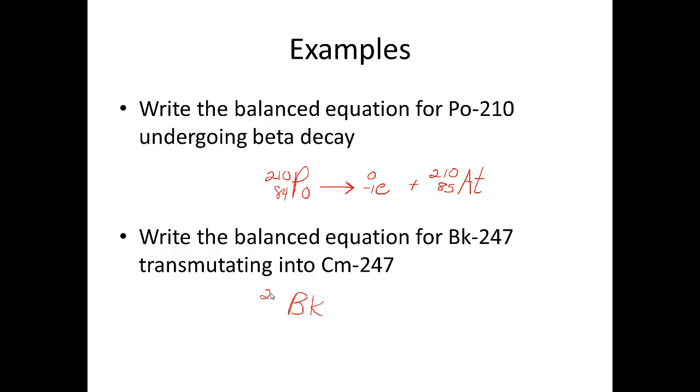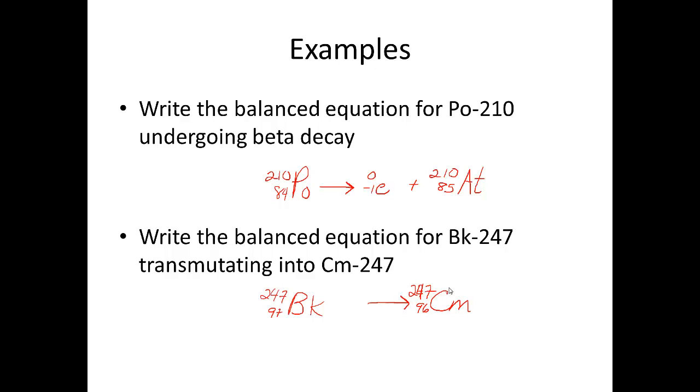Berkelium 247, and you look up the element number, so that's 97, and you're saying, okay, how is this going to change into curium 247? The atomic number is 96.